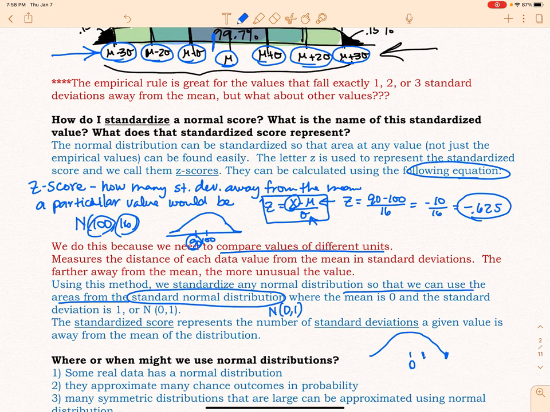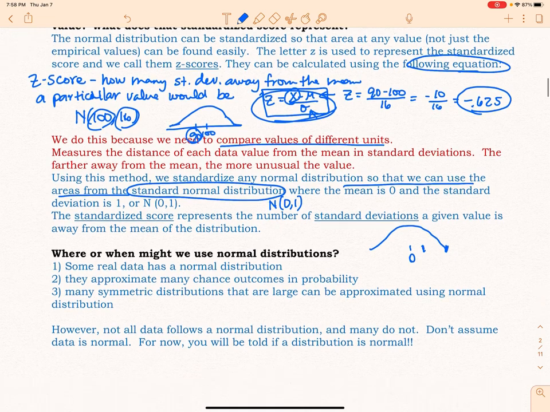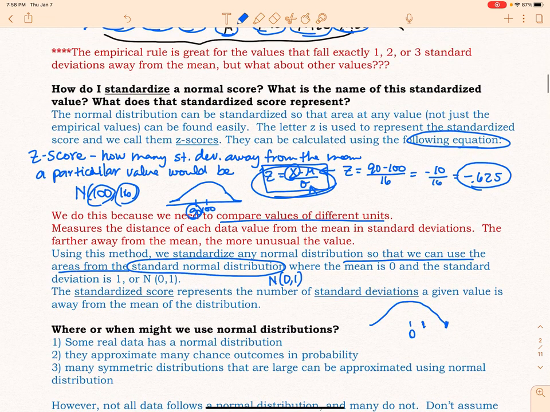So z-scores are very helpful. We are going to be using this formula quite a bit. It is not on a formula chart, so you will have to remember it. And then hopefully that helps you understand what z-scores and standardizing is all about. I'm going to talk about the rest of the notes in another video.